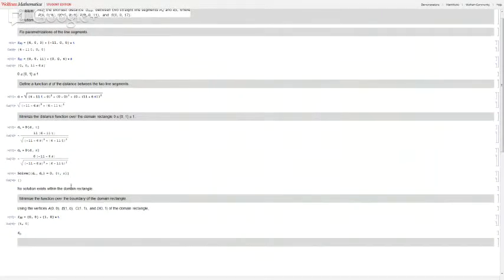And I have a function of BC equal to the point B, 1, 0, plus the vector BC, which is 0, 1, times the parameter s.